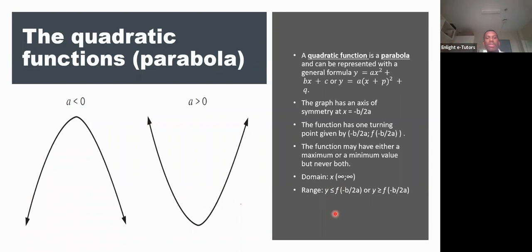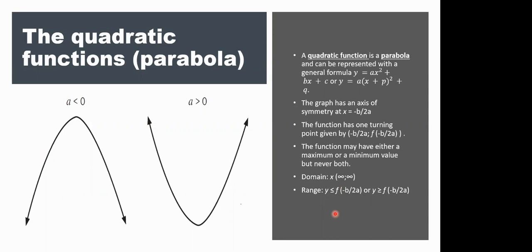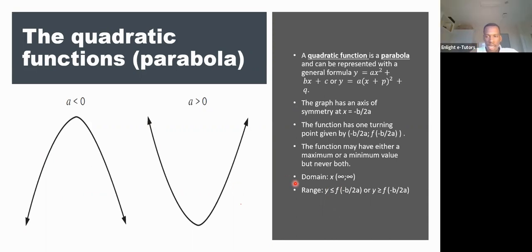The range is about the y values. You remember that the range is about y values. So what is going to happen is that for the range of this one, all of your y values have to be less than the y value of the turning point, because the y value of the turning point is the last one. Let me show you.